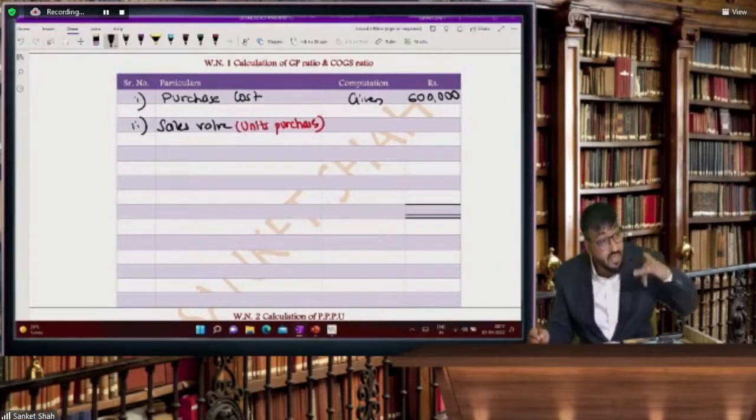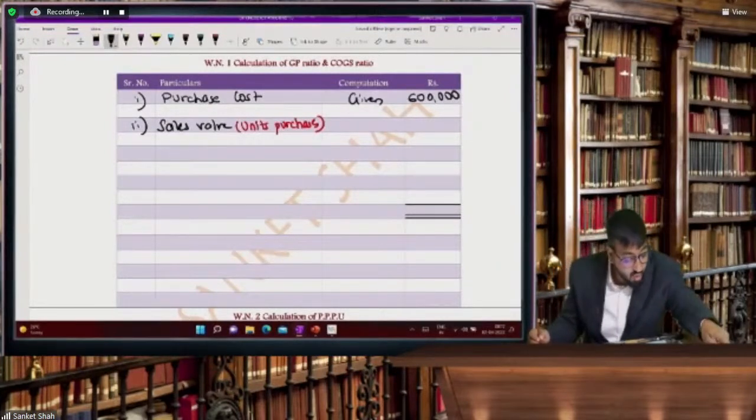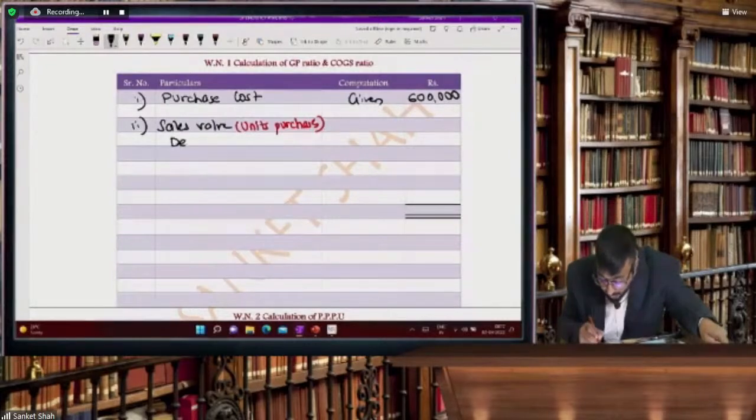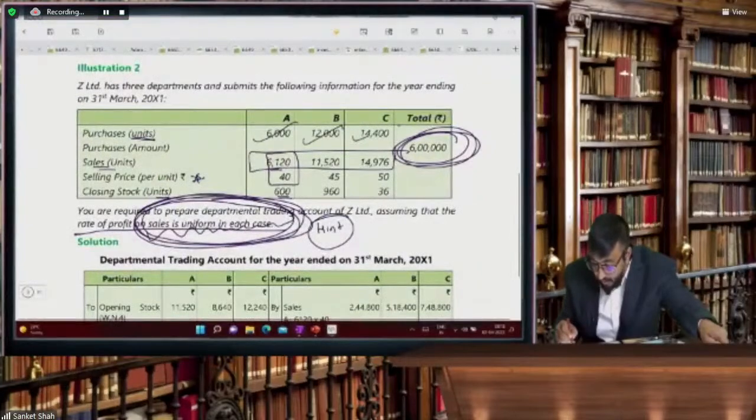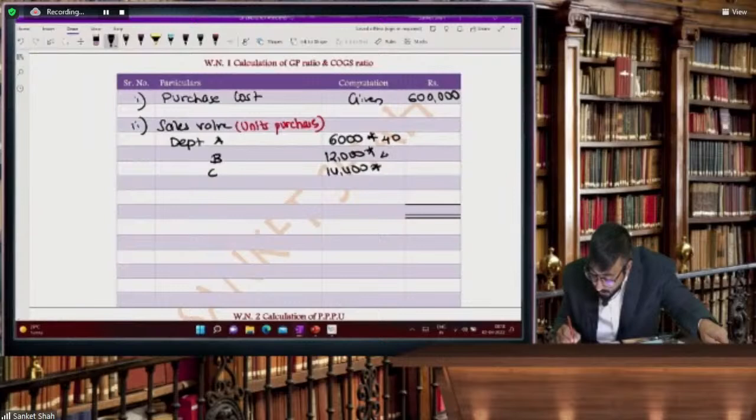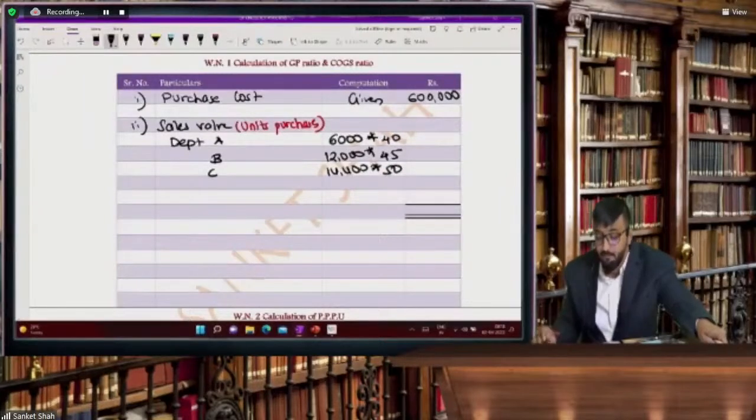Now what is the purchase quantity, beta? Department A, B, C: 6,000, 12,000, 14,400, at 40, 45, 50.